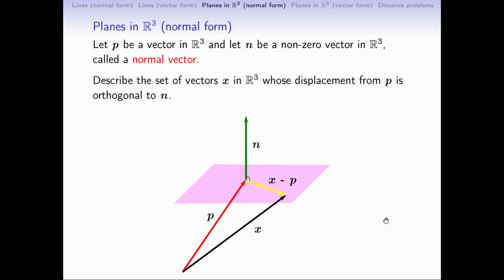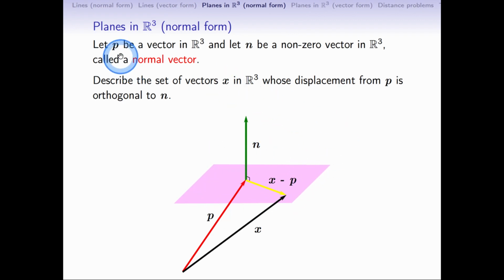So we want to describe the set of vectors X in R3 whose displacement from P is orthogonal to N. And I've got such an X drawn here in this picture below, right? I've got a vector X, and it has the quality that when I look at X minus P, when I generate this yellow vector, that's at a right angle to, or is orthogonal to, N. Now, when I collect all of the tips of these vectors X, it's going to generate this pink plane in three-dimensional space.